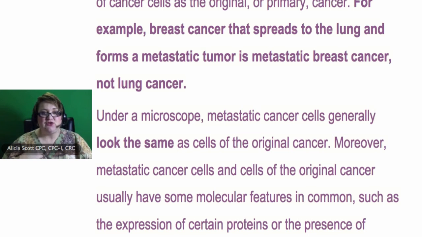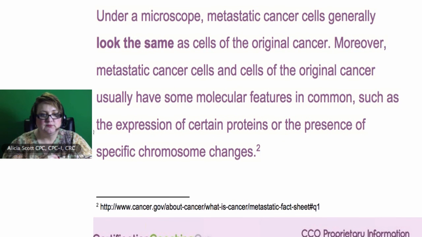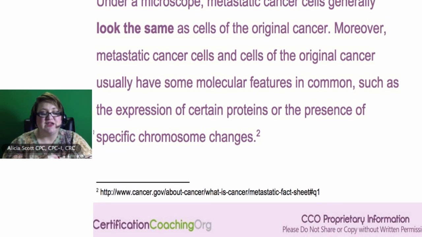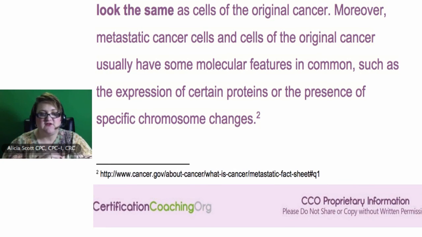That's how they know that the lung is the secondary site. So when you say metastatic cancer cells, the cells of the original cancer usually have some features that are the same. Now we're going to scroll down just a little bit more. Okay, and that was off of cancer.gov.